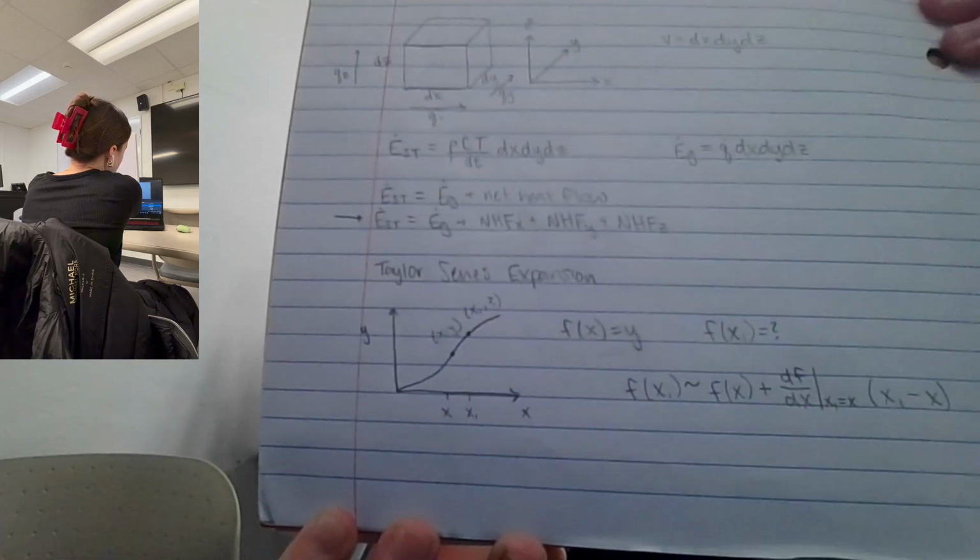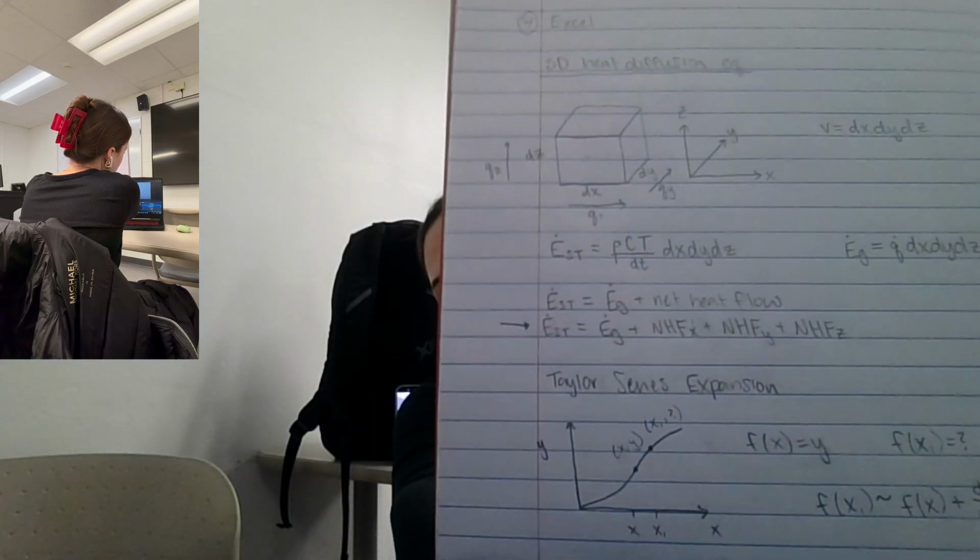So we're going to be plugging this equation in to our main equation with that arrow, and that's going to be equal to our net heat flow once we substitute the function as being evaluating the flux. Because the net heat flow is our flux, and so our function, instead of f, it's going to be q, because we're looking at our function of flux and evaluating that for a net heat flow.